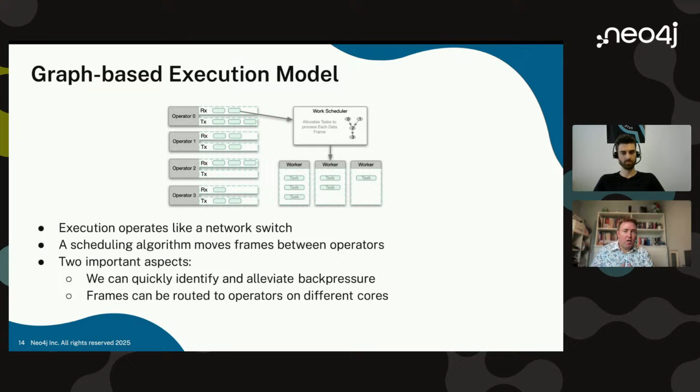So here the idea is that we have a bunch of operators that want to search through the graph, and they have a work queue. They have an input and an output queue. Work comes in on the input queue, and when that input queue is full, they can't accept more work. Because they can't accept more work, the operator before them can't produce any more work. So it lets us deal with back pressure.